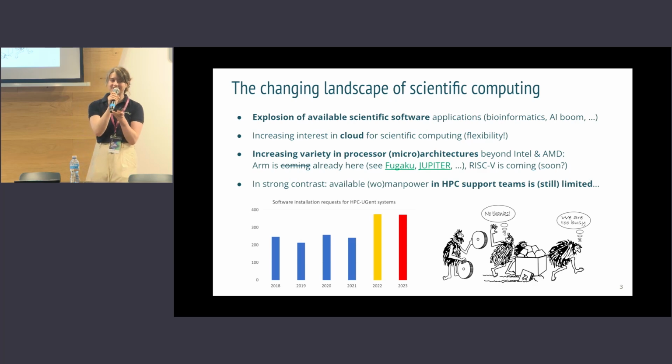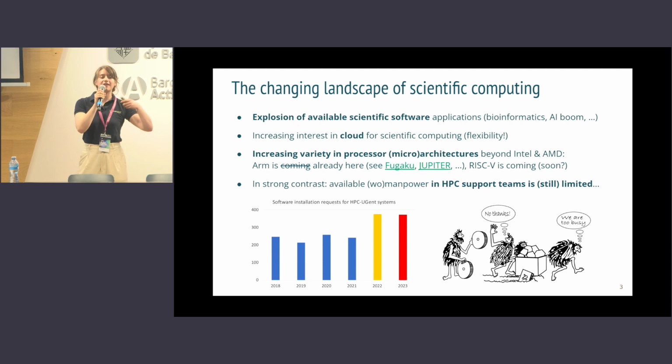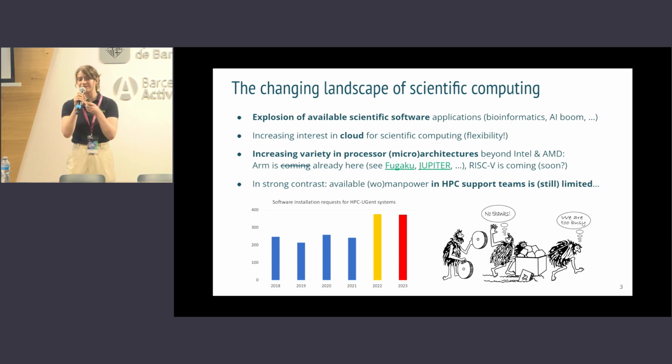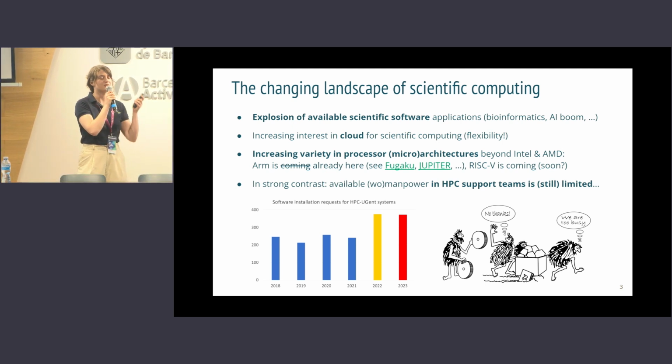Well, surely you know that the scientific software environment is already huge with all this AI boom, all the bioinformatics packages, all the engineering, physics, and it just keeps growing. And to top everything, scientists usually have to run their codes on different machines.